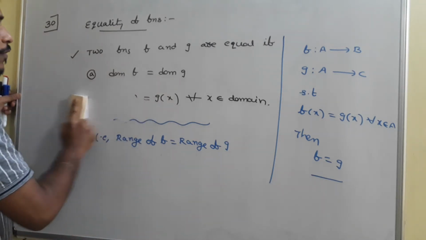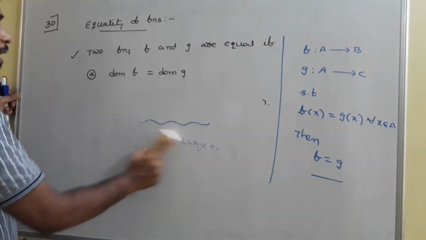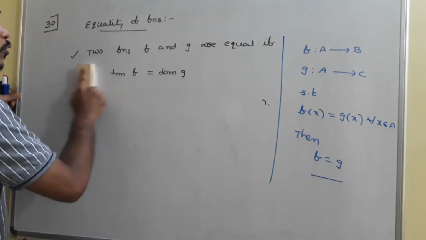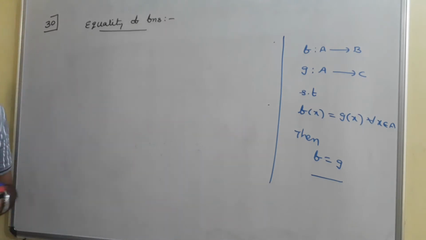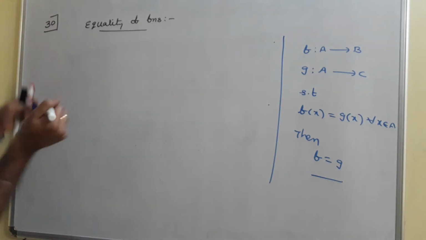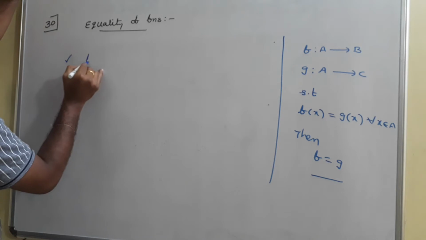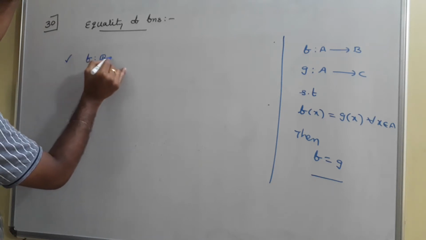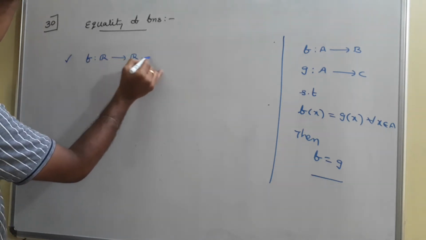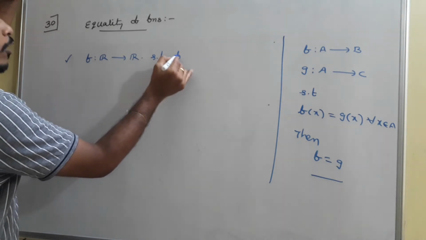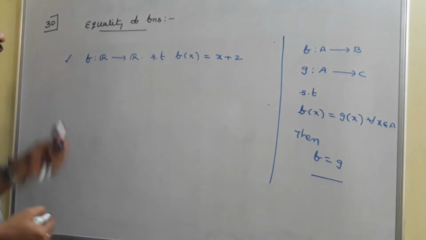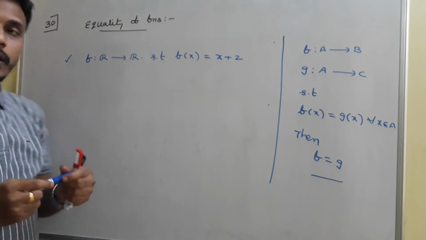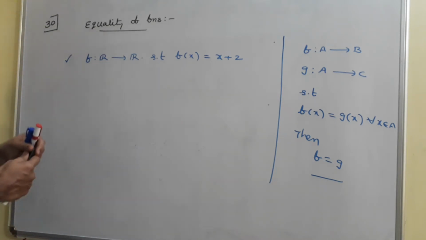So the basic definition is what? The domains should be equal as well as f of x is equal to g of x for all x belonging to the domain. For example, I have a function f from real numbers to real numbers such that f of x is equal to x plus 2.